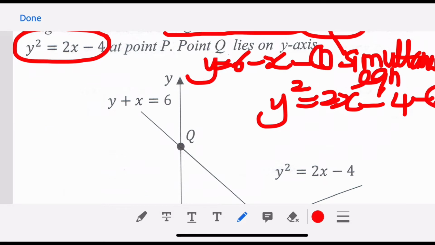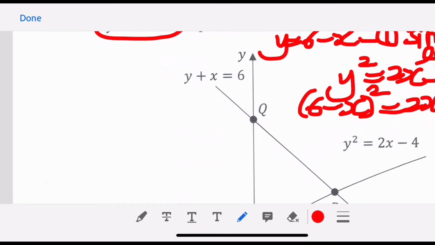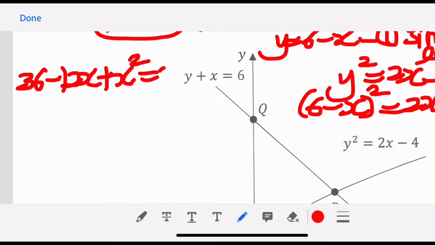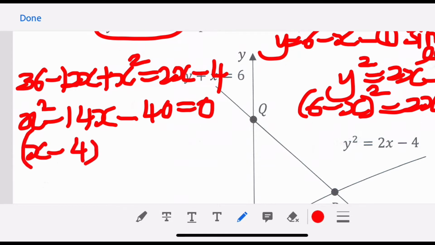So when we see y, we will substitute 6 minus x, squared, equal to 2x minus 4. And then we will try to solve the quadratic equation, which is x squared minus 14x minus 40 equal to 0. If we factorize, we will get two answers, which are 10 and 4.